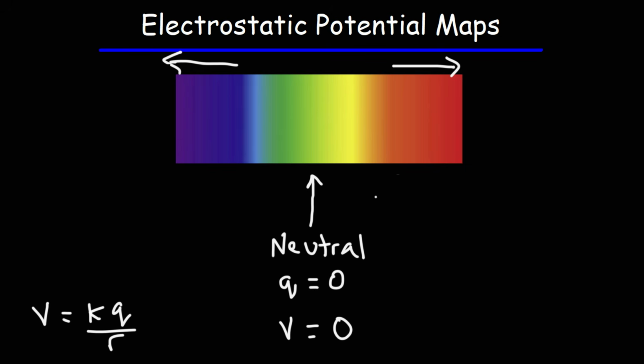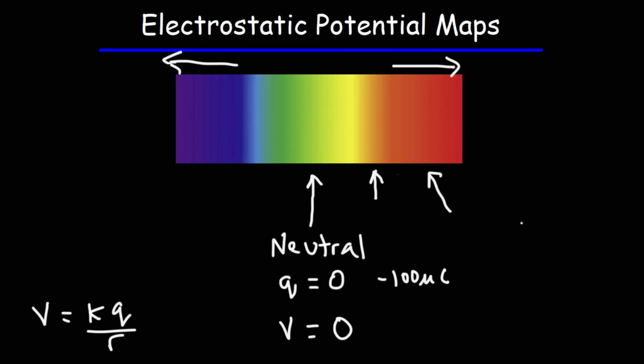Now, as we get closer and closer to the red side, it becomes more negative. So Q might be, I'm just going to put a number here, negative 100 microcoulombs.